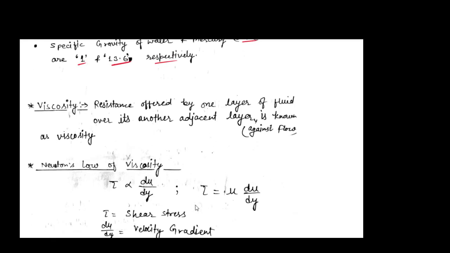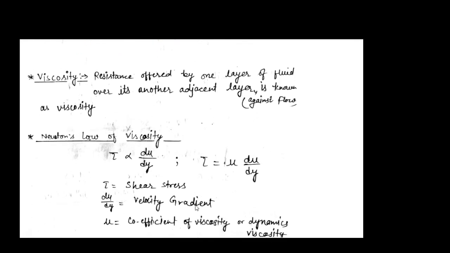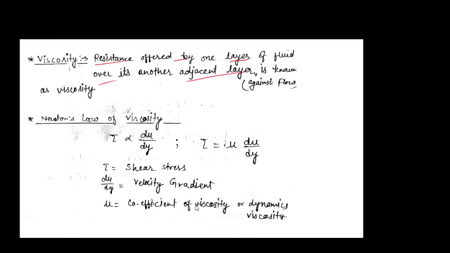Now another property of fluid is viscosity. Viscosity is basically the resistance which is offered by one layer of fluid over another adjacent layer. That is why it is known as viscosity. Newton has given a law for that.